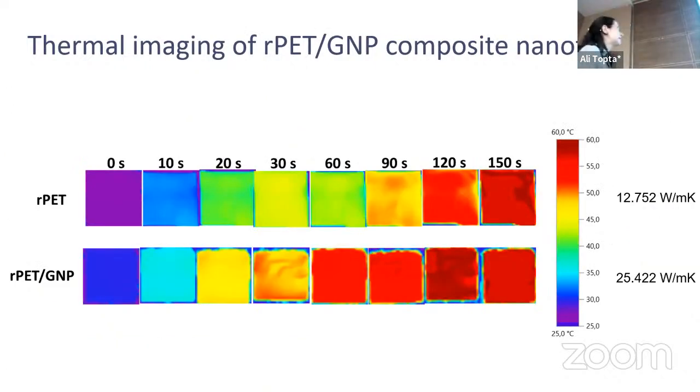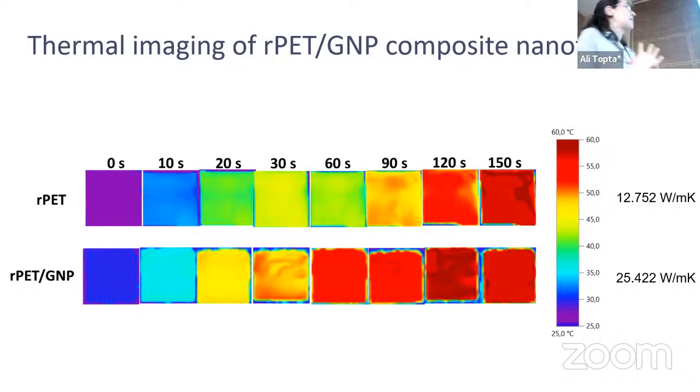Lastly, I investigated the thermal imaging of these nanofibers by placing the nanofiber surfaces on a heater, and I took thermal images during heating from room temperature to 60 degrees, and we can say that the heat dissipation of the composite nanofibers became faster and more even when compared to polyester nanofibers.